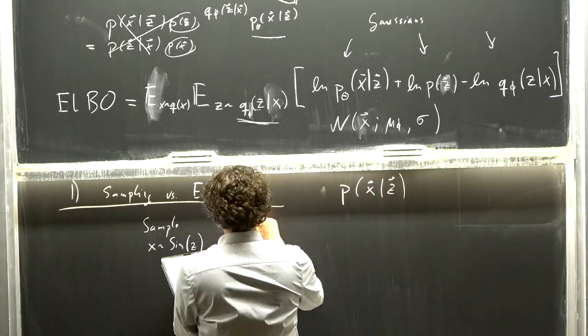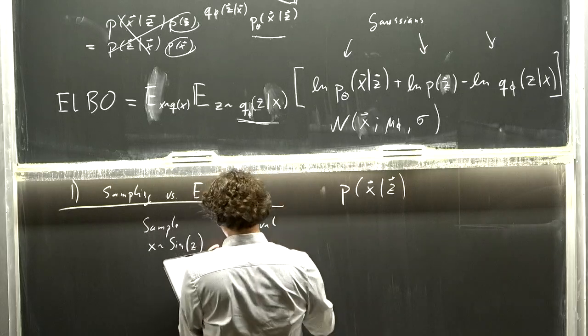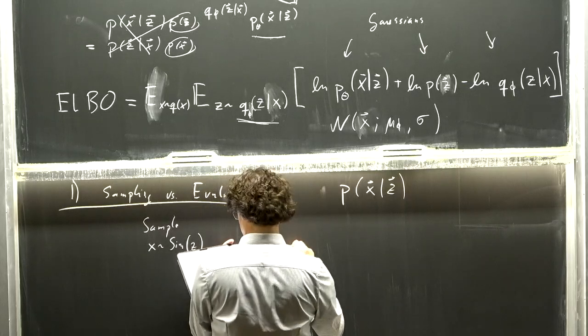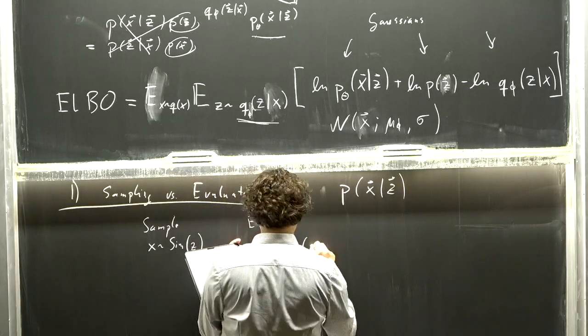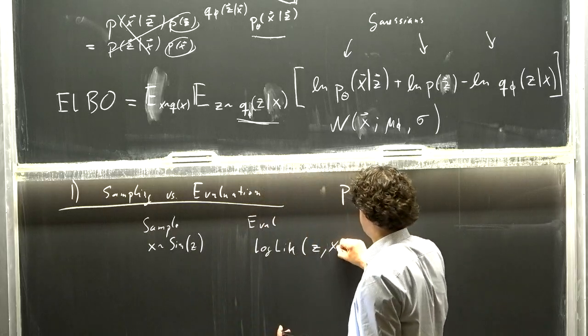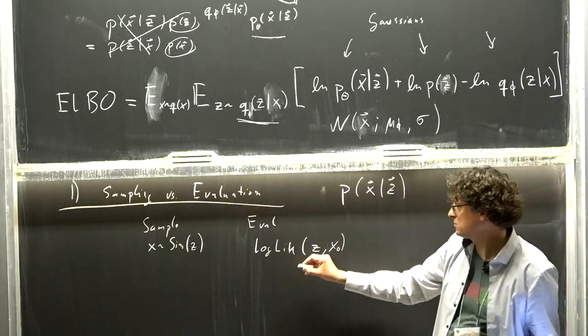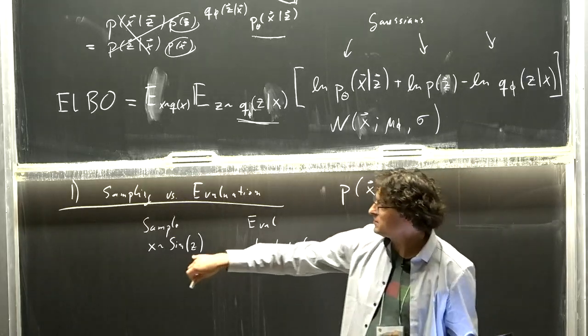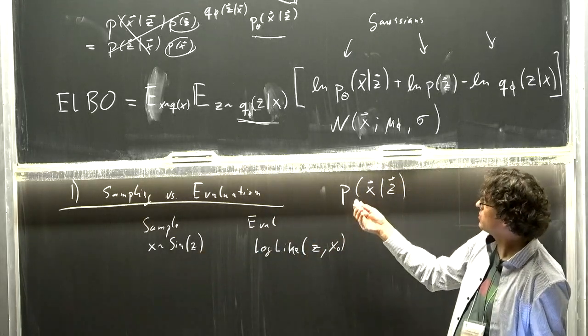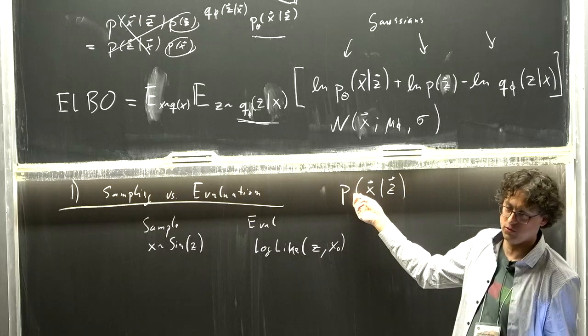Then we can also try to evaluate it. In that case, we need a different piece of computer code that takes as input the parameter and some specific observation X and returns the log likelihood. So that's in some sense doing something with the same underlying distribution.